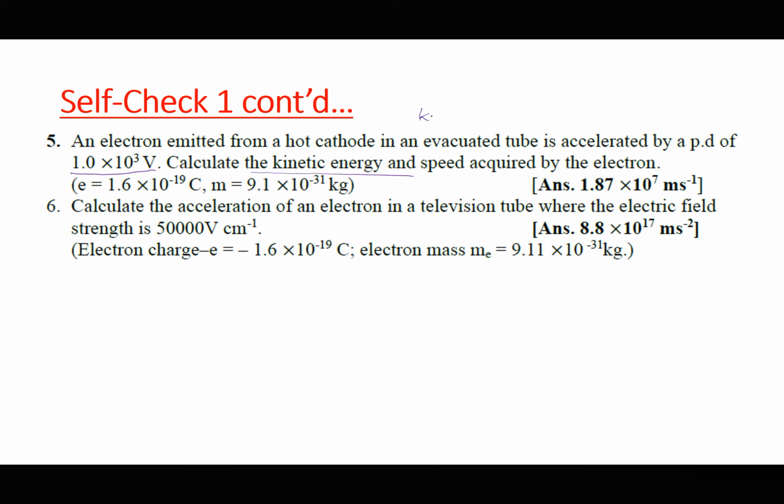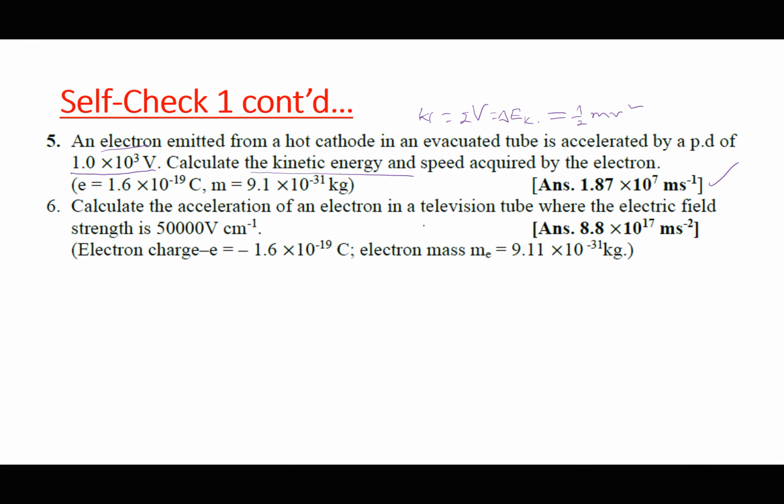So our work done is equal to Q times V, which is the gain in kinetic energy. You have Q, it is an electron, and you have the accelerating PD. Then if I want the speed, I equate the kinetic energy obtained to a half mv squared. You should be able to get that speed.